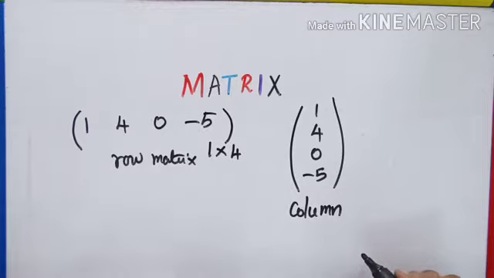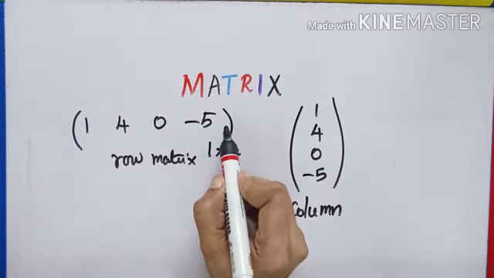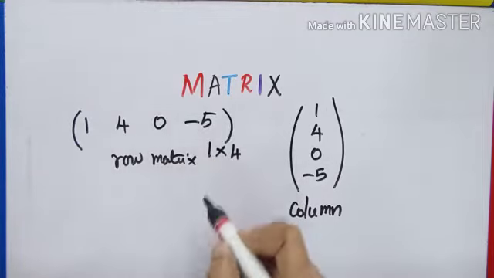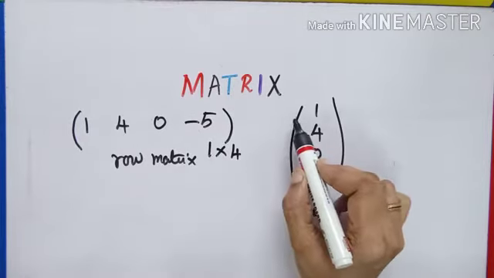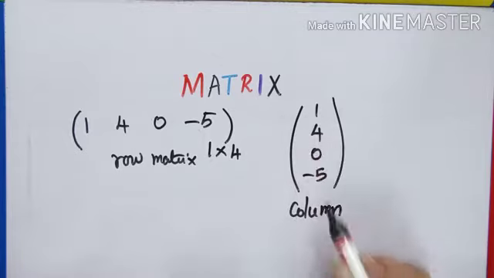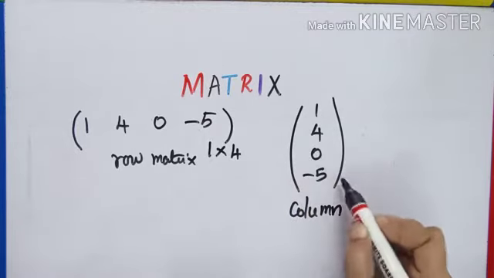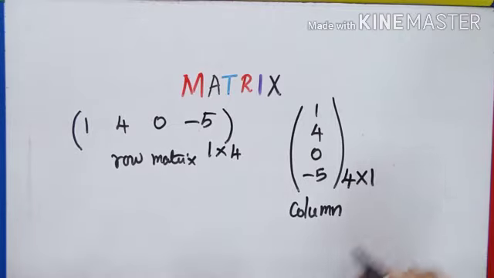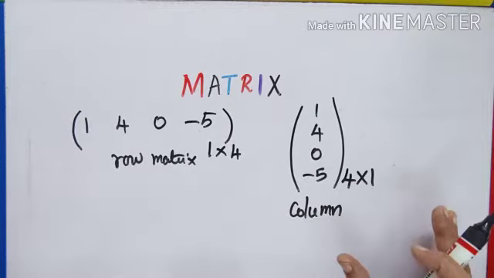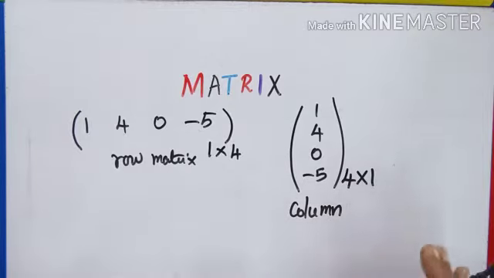So a row matrix contains only 1 row but any number of columns. A column matrix contains only 1 column. So 1, 2, 3, 4 rows are there but there is only 1 column. So we have learnt a variety of matrices. Let us give an example for each matrix and understand the concept well.